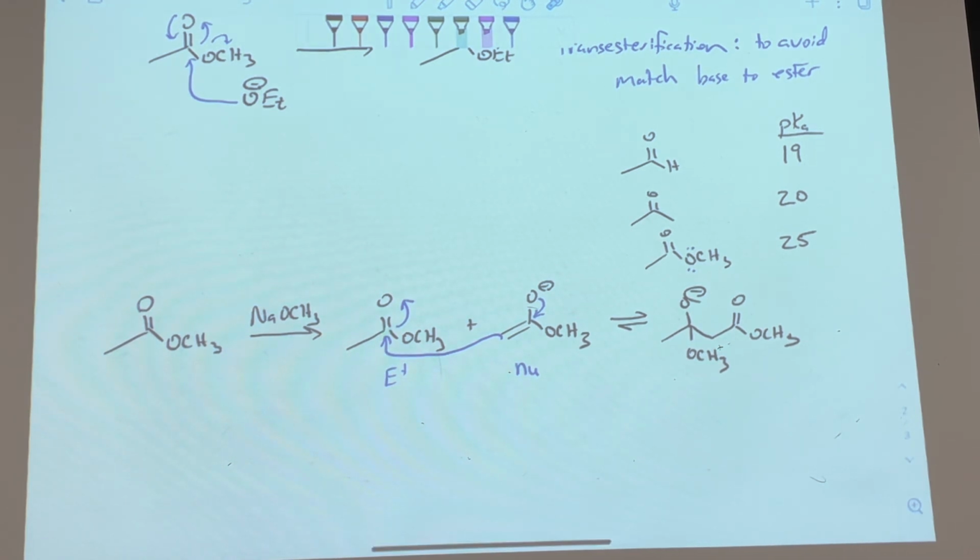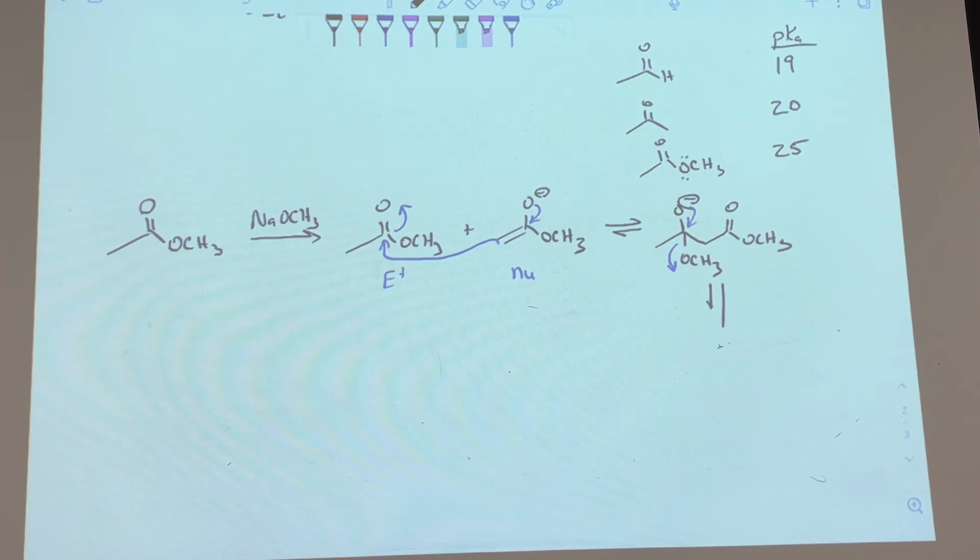That's a whole different mechanism. That's nucleophilic substitution. The point is that when you have the nucleophilic attack on the ester, the tetrahedral intermediate has a potential leaving group. And what that allows is for this carbonyl to reform and kick out said leaving group.